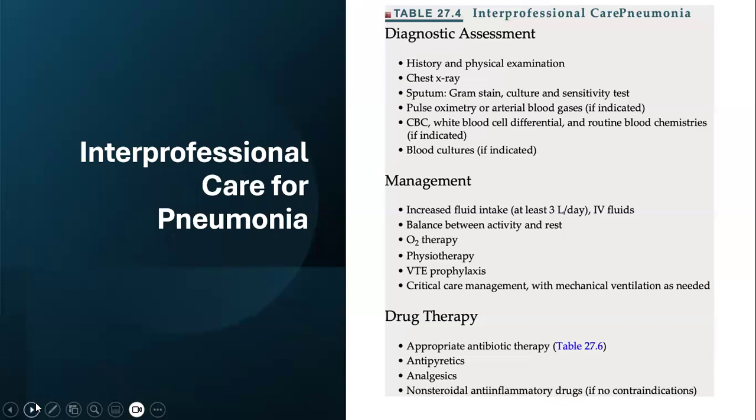For the drug therapy for patients with pneumonia, we need appropriate antibiotic therapy that you can see in your textbooks on table 27.6. The antibiotic therapy will differ for every person based on what kind of infection they get, and also what type of bacteria and also viruses that they get.